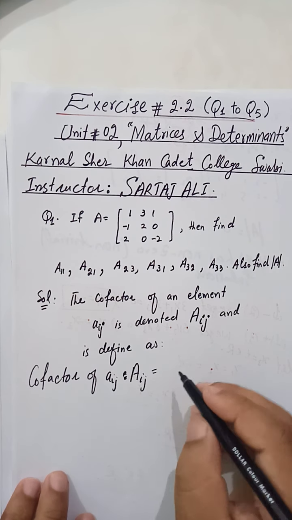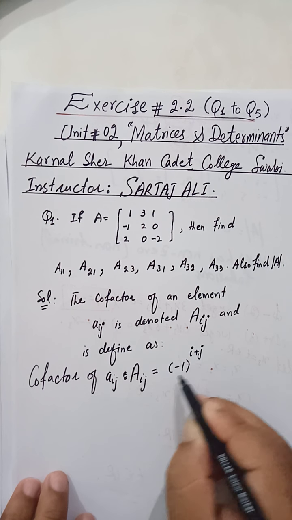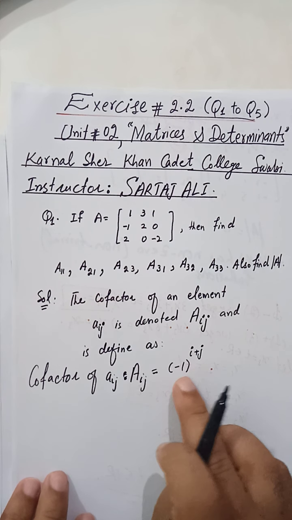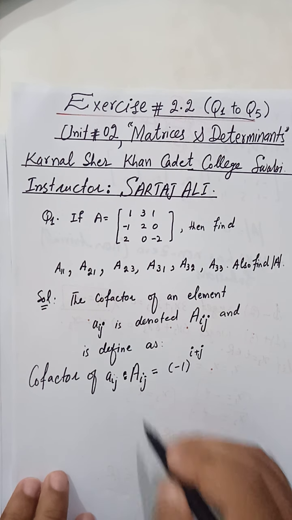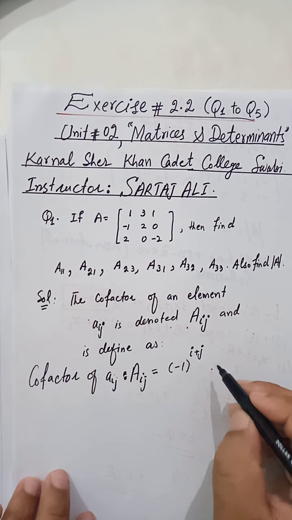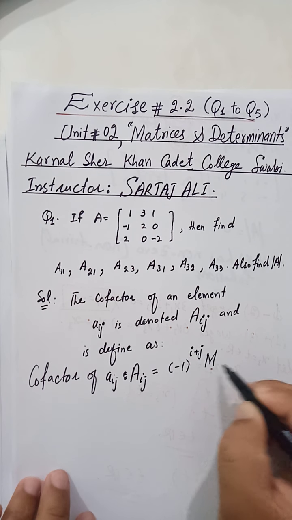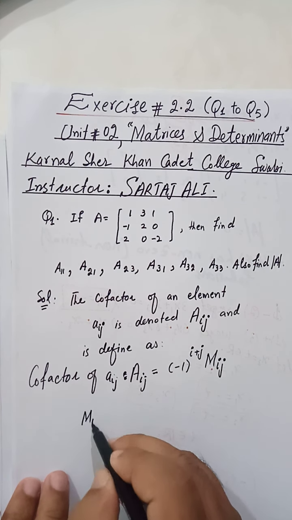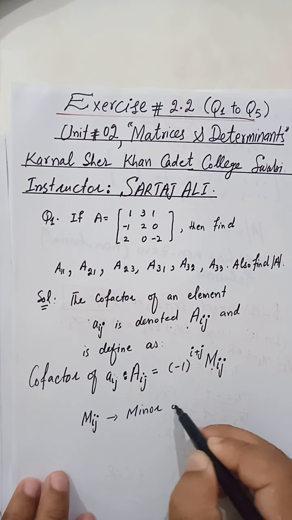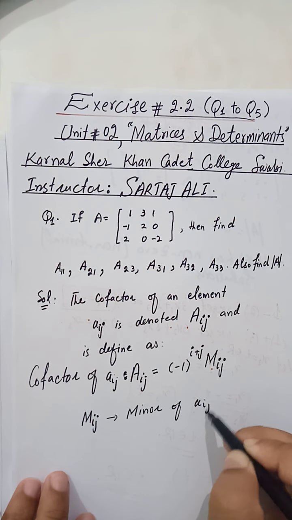minus 1 power i plus j. You see that in the power of minus 1 there is addition of the subscript of A, and multiplied by Mij. This Mij is the minor of the element aij.